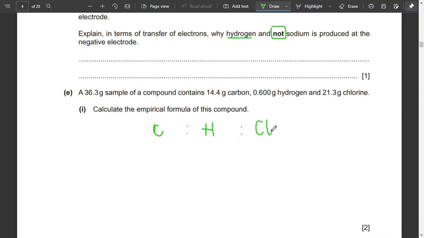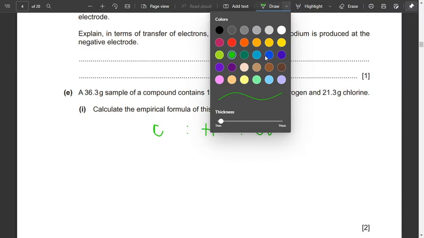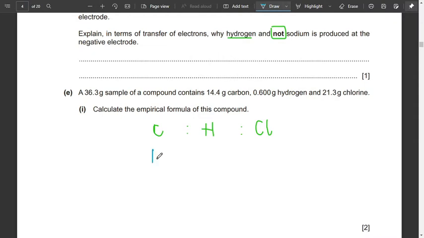And if we talk about the mass over here, it's 14.4 is to 0.6 is to 21.3. These are in grams.